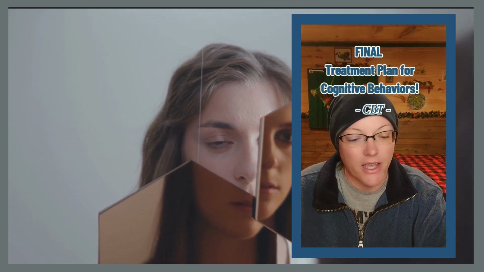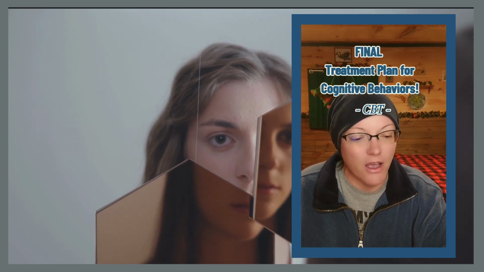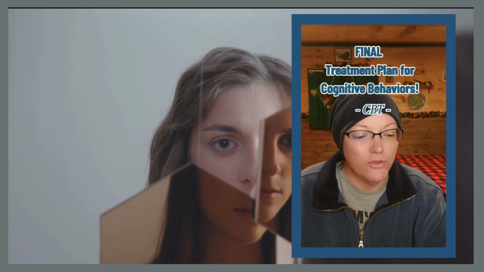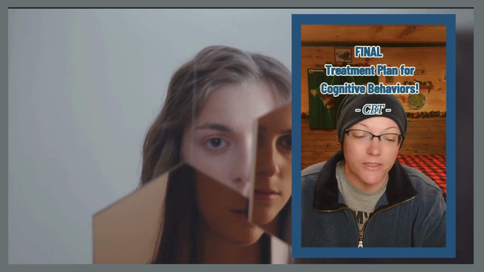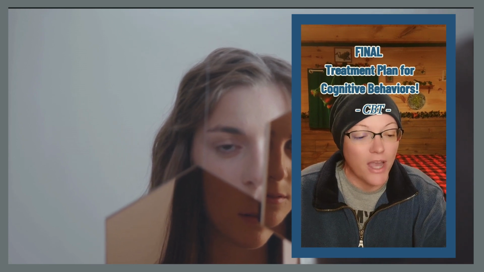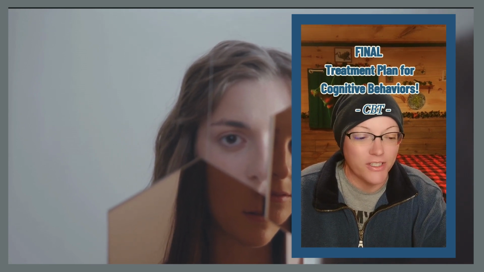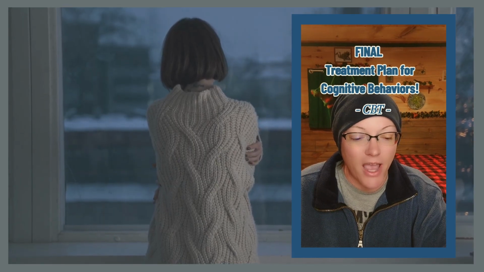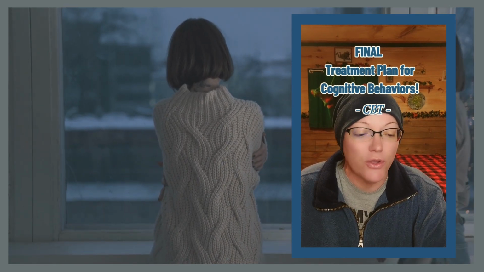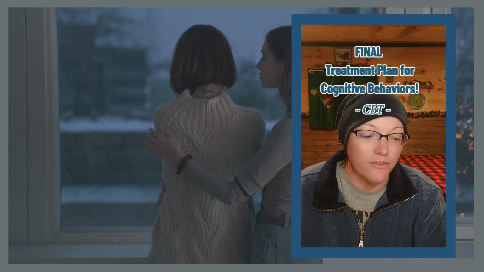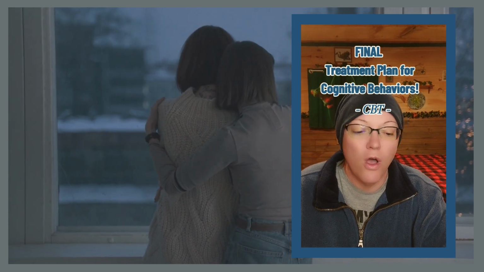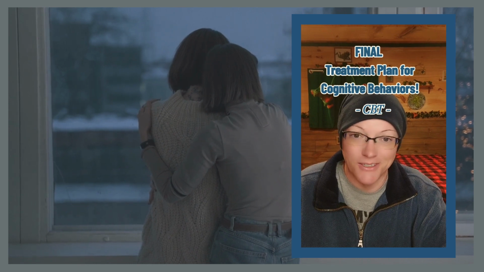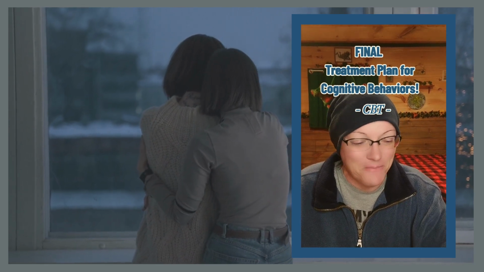Clients learn to recognize when their appraisals of situations are unrealistically contributing to their dysfunctional emotions. They can then try to identify situations, behaviors, or people that help them counteract these emotions. The goal of CBT is to give clients greater control over their dysfunctional behaviors, thoughts, and emotions. I love this. This is great.